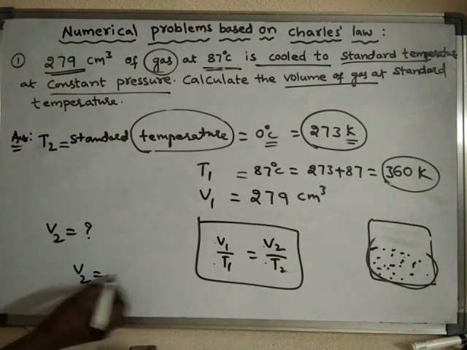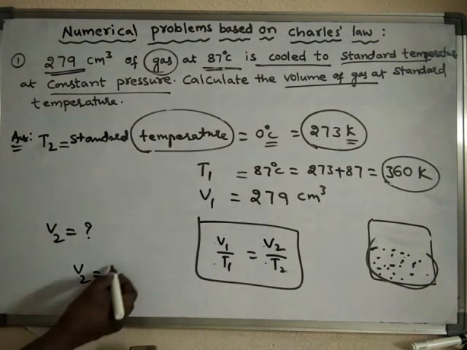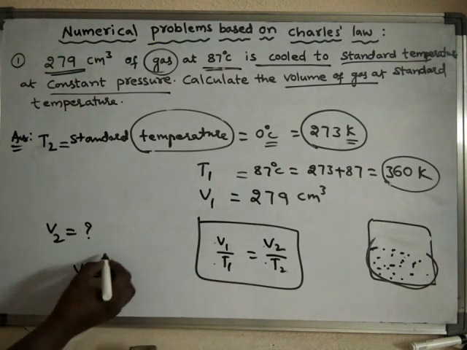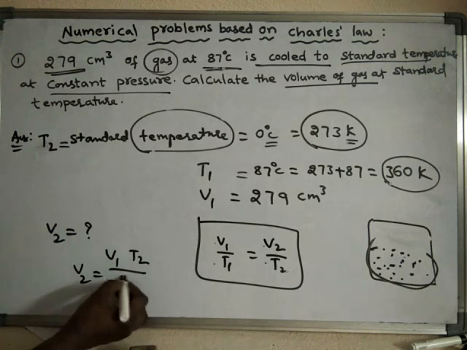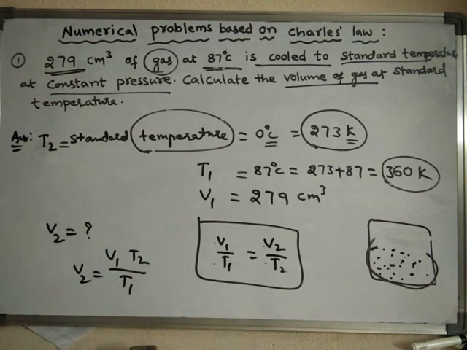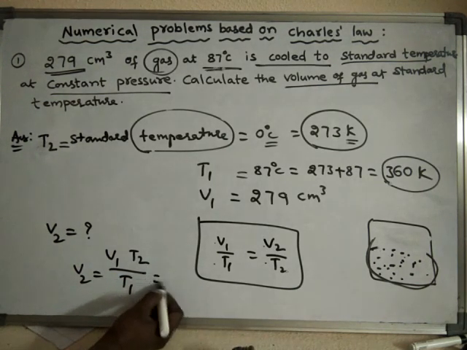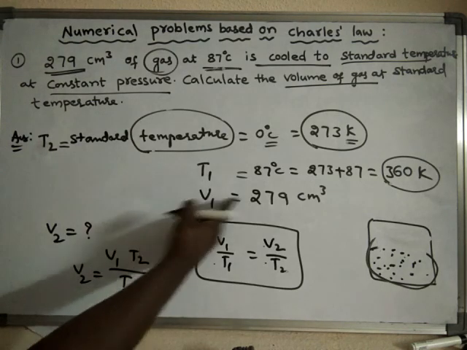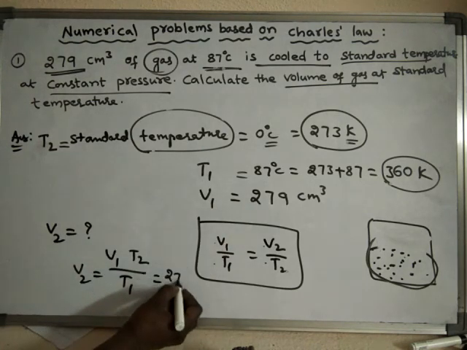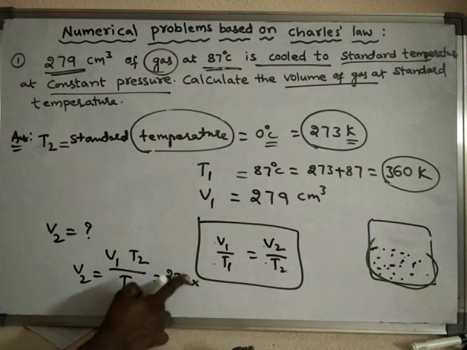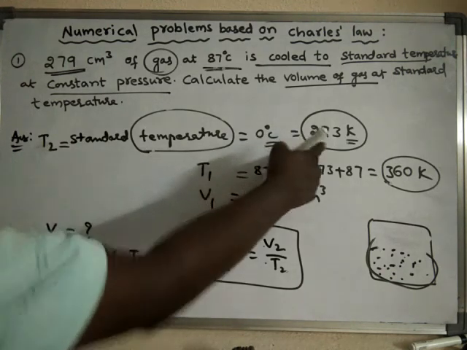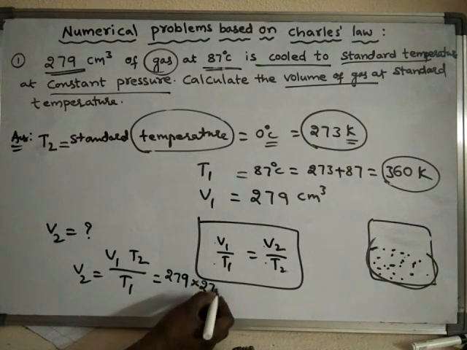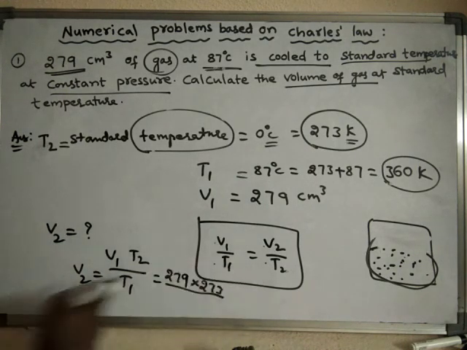Upon rearranging, we will get a formula like this: V1 into T2 by T1 will be equal to V2. We already know these values. V1 is 279, into what is T2? 273, by T1.